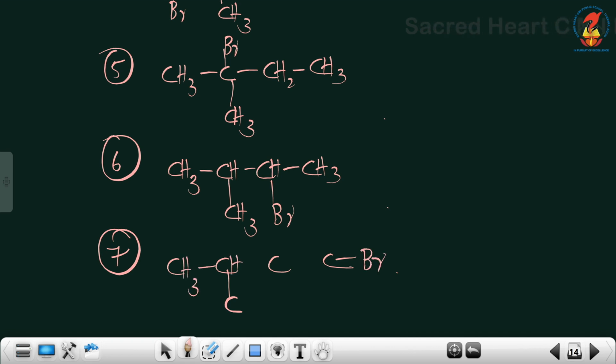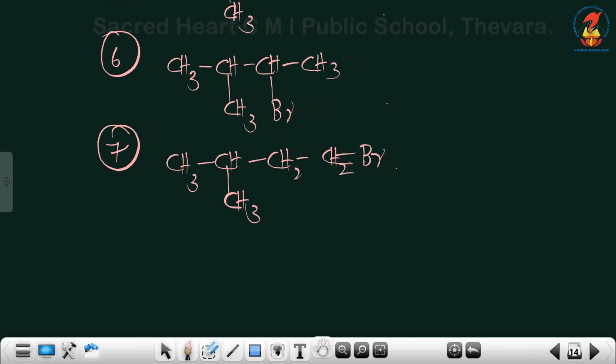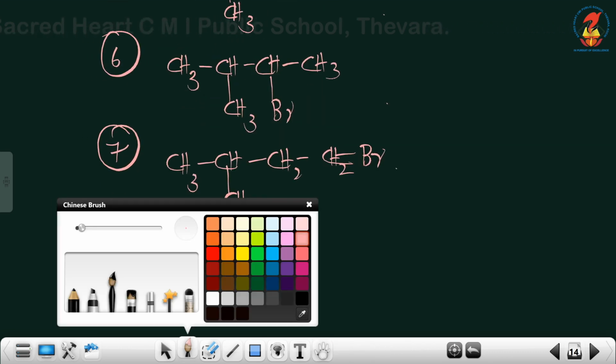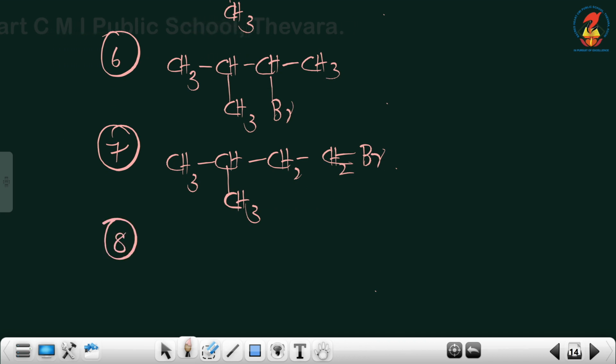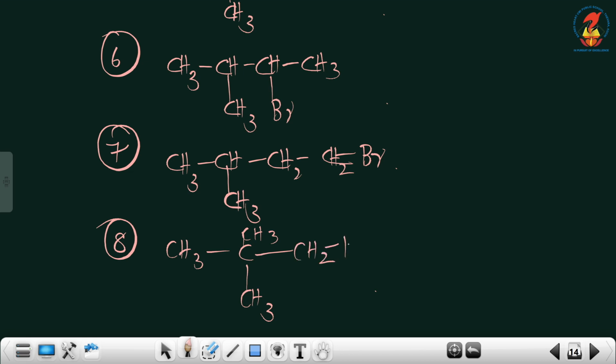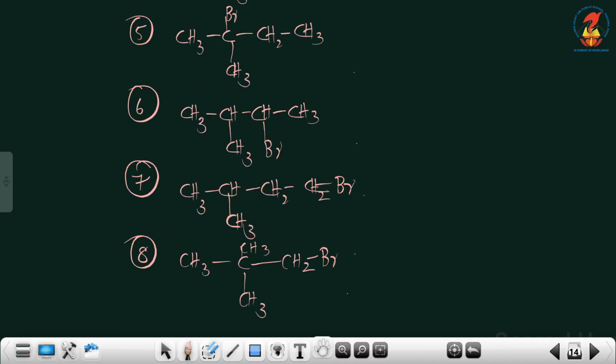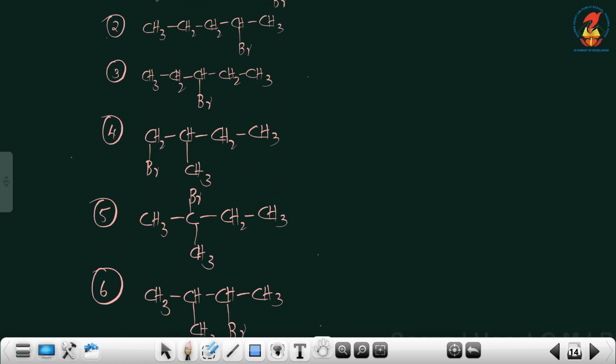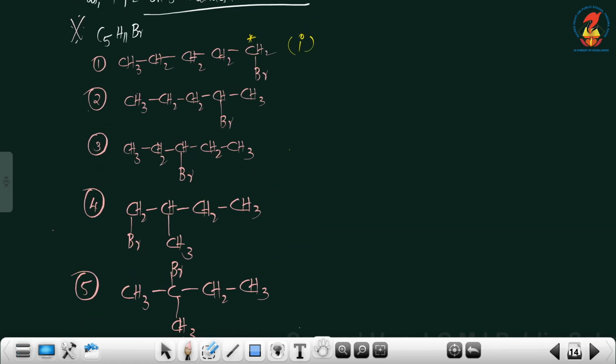So CH3, CH, CH3, CH2. Now the next structure possible. So these are the 8 isomers possible for this compound with molecular formula C5H11Br.